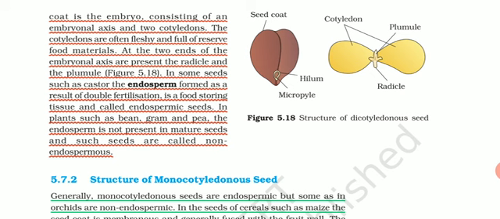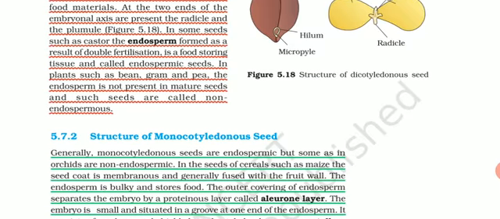So endosperm is rich in nutrition. If seeds have endosperm, they are called endospermic seeds. But in some seeds, like pea seeds, grams, and beans, there is no endosperm found around the seed, so they are known as non-endospermic seeds. If the question arises where that endosperm has gone, it has been utilized during the growth of the embryo.